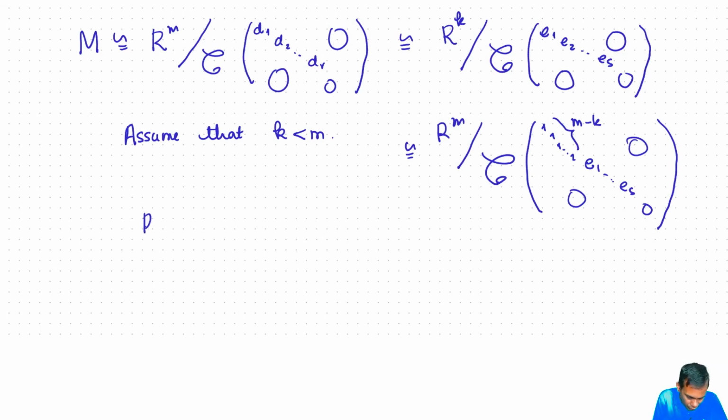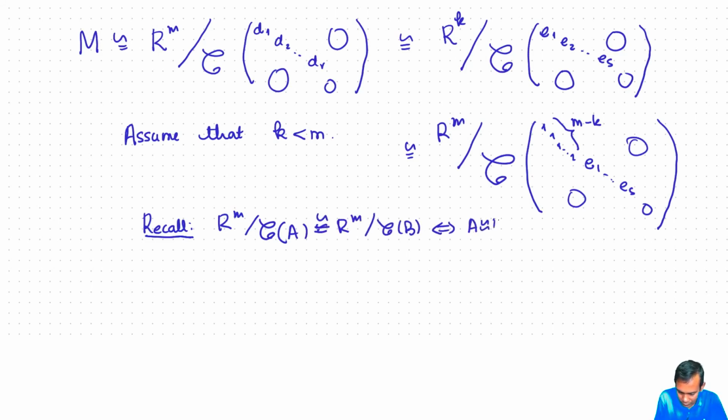But we've already shown that R^m mod the column space of A is isomorphic to R^m mod the column space of B if and only if A is equivalent to B. That would mean that the matrix d1, d2, ..., dr is equivalent to this matrix with a bunch of 1s and then e1, e2, ..., es. But by the uniqueness of Smith canonical form, these two matrices are actually equal.